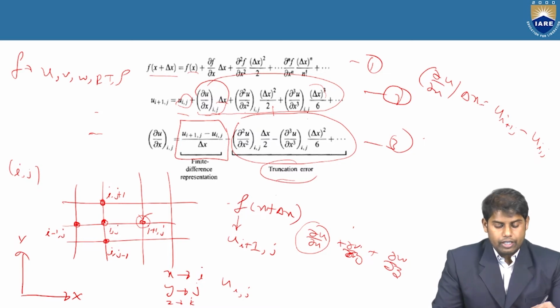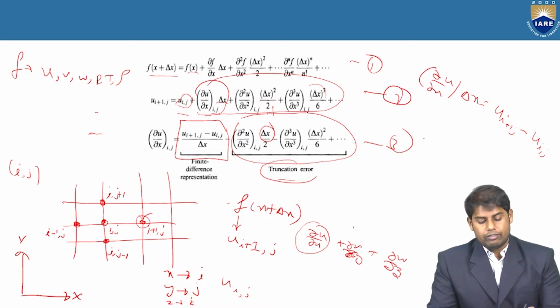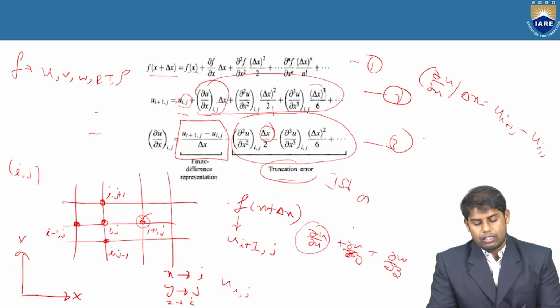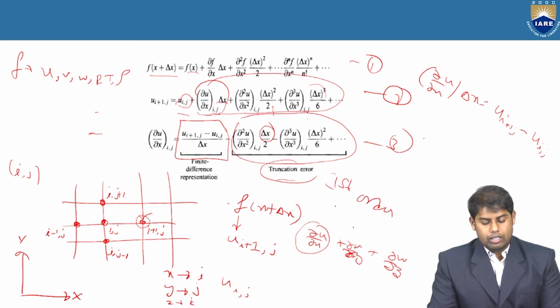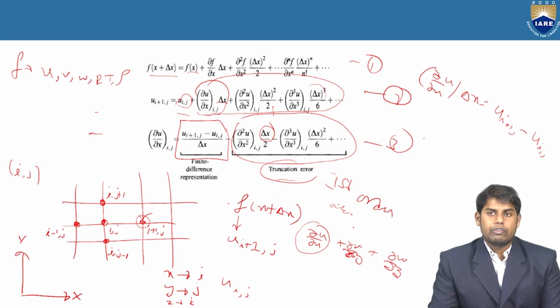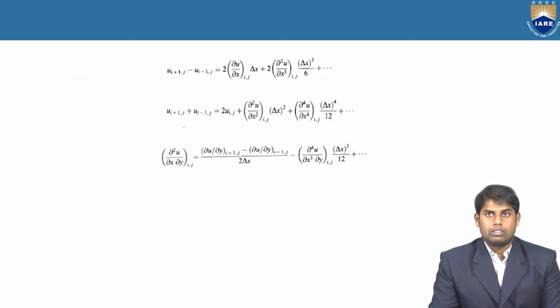Here you can see the delta x term, which is the leading error term. The term which you are leaving in the derivation is the leading error term. That's why we call it first order accurate in space. So this is the forward difference.